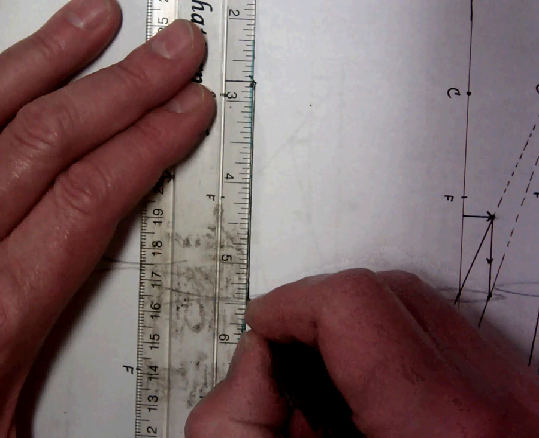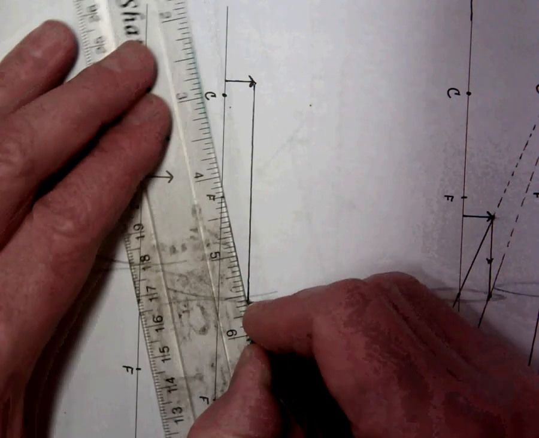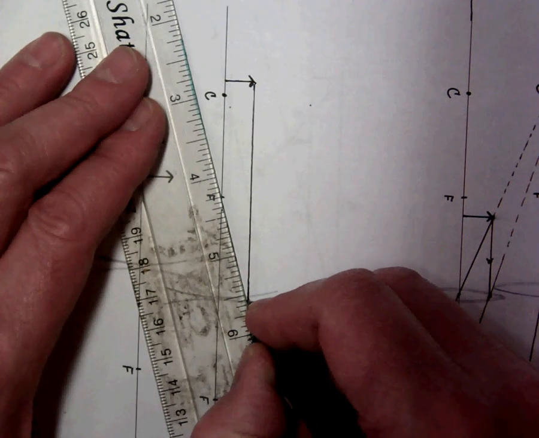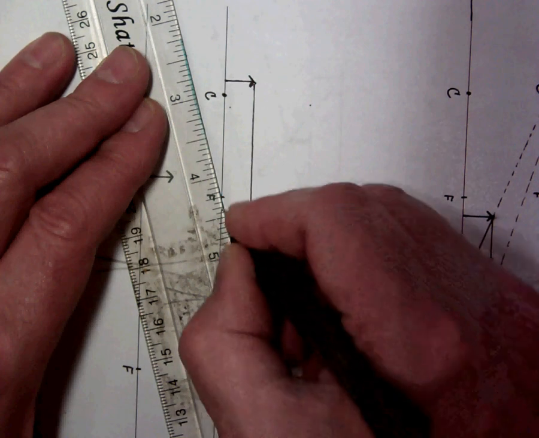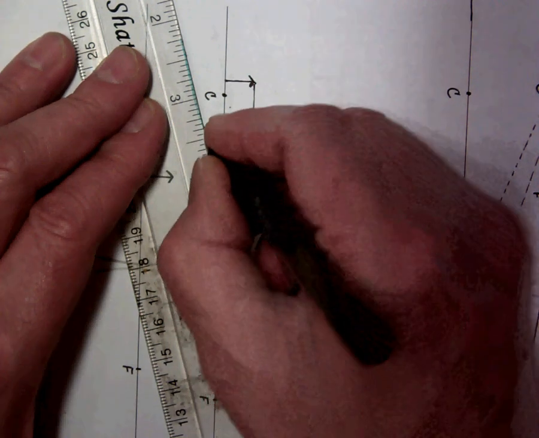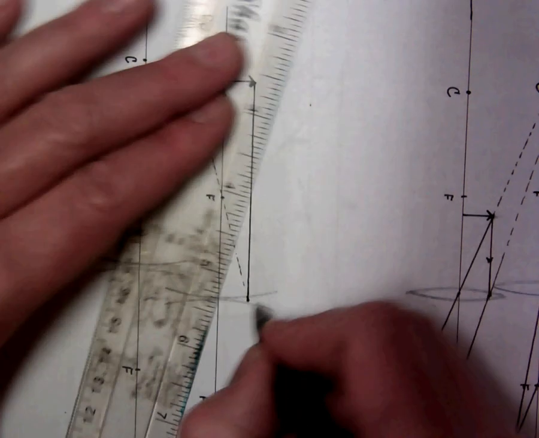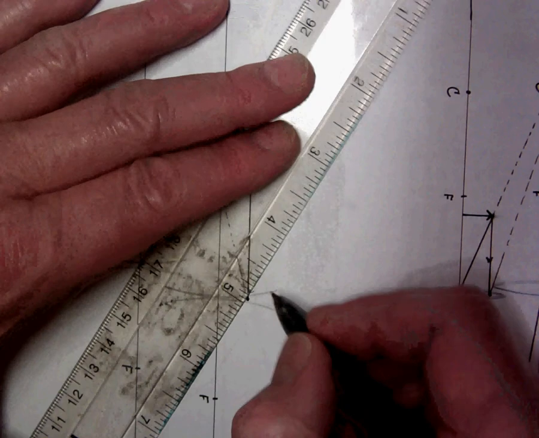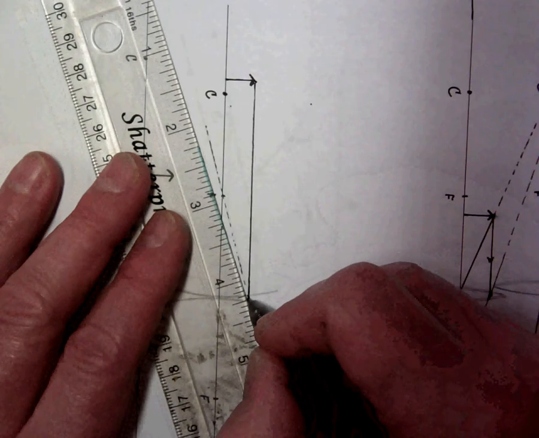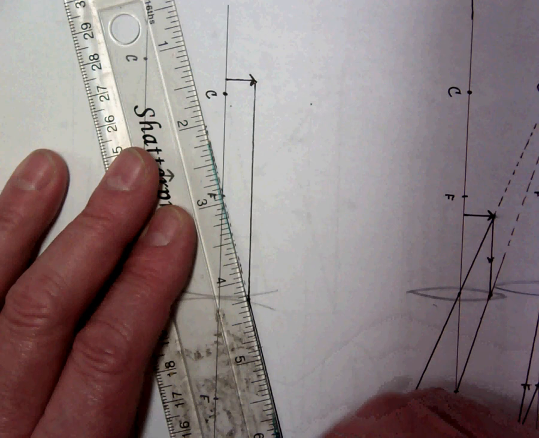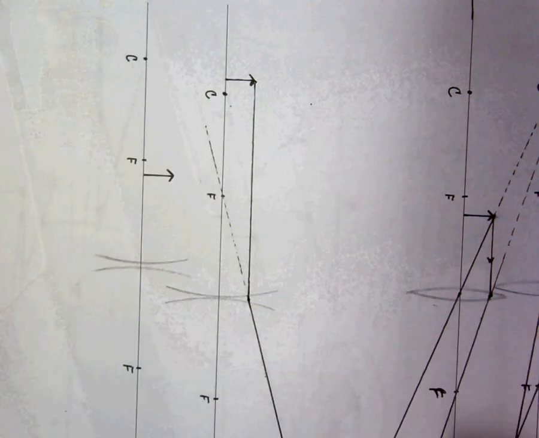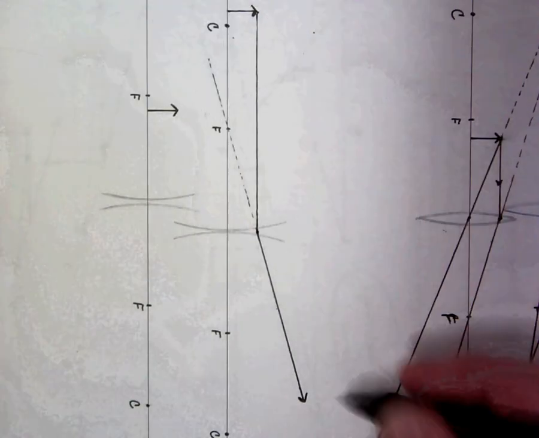So we go to the center of the lens, right here. Okay, and then we know it doesn't bounce like that, but it actually diverges out this way, right? That's the reason why it's called a diverging lens. It's spreading your waves out.